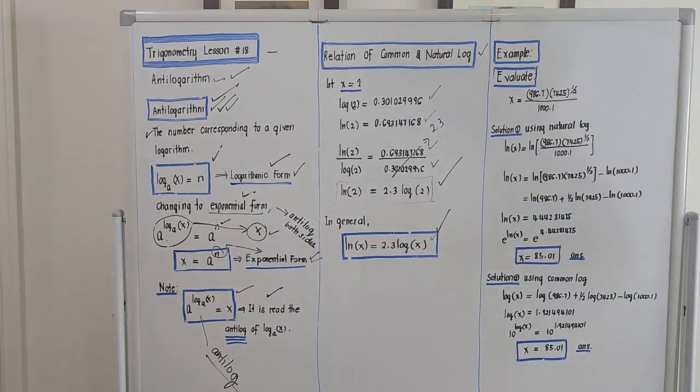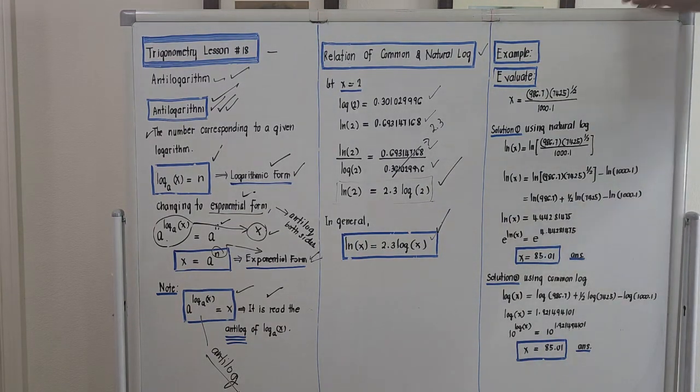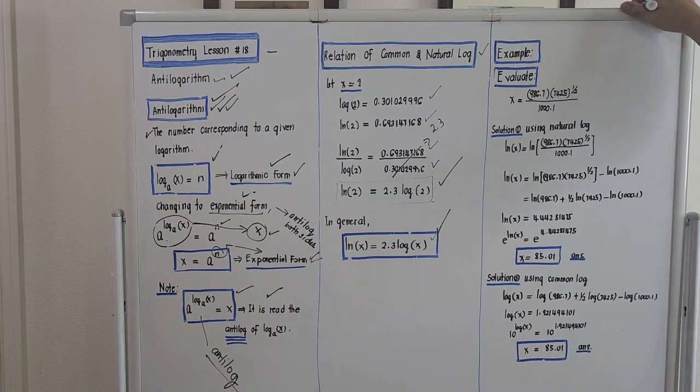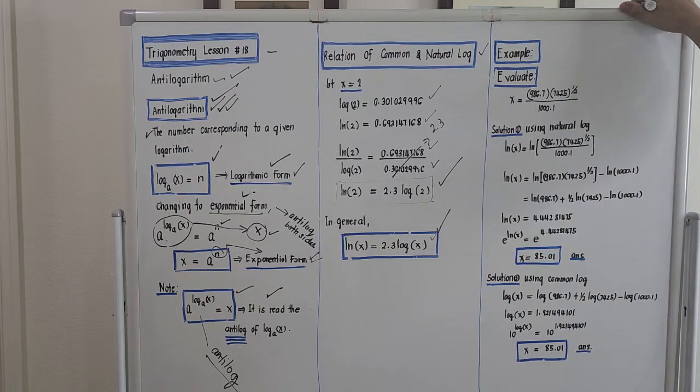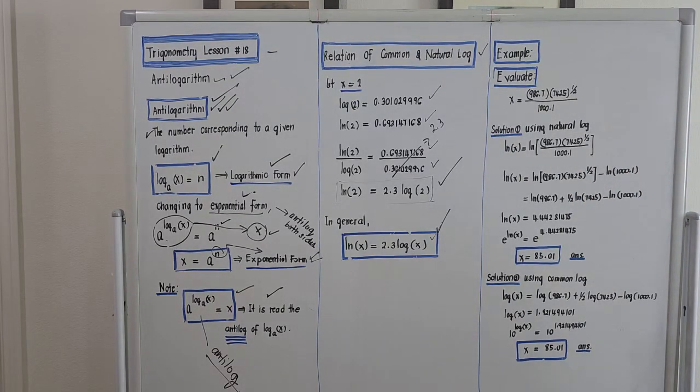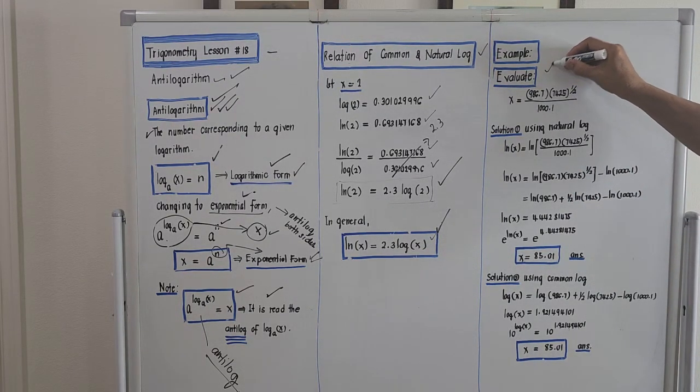Okay, let's try to bring out an example problem illustrating the laws of logarithms, and an example on how to take the anti-logarithm to bring out an answer for any given problem. Okay, the example problem, evaluate.